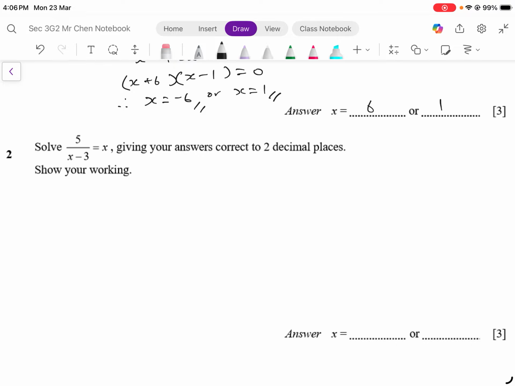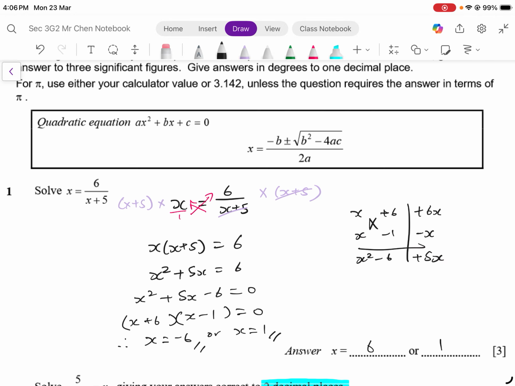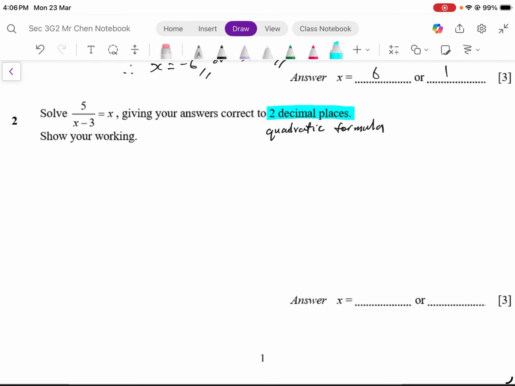The next one. Okay, now when you look at these two decimal places, it should give you the idea that this is a quadratic formula question. Okay, so quadratic formula is this one. So from here, what you should do is first resolve it into a quadratic equation.